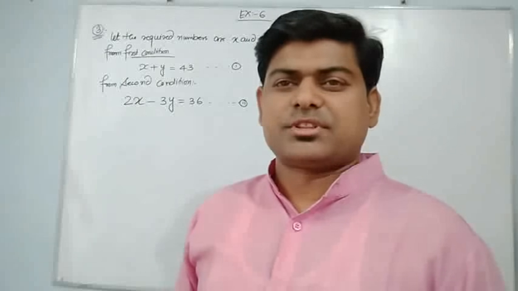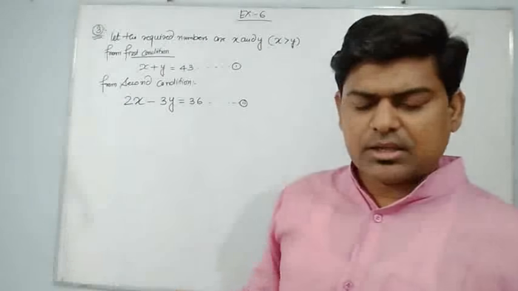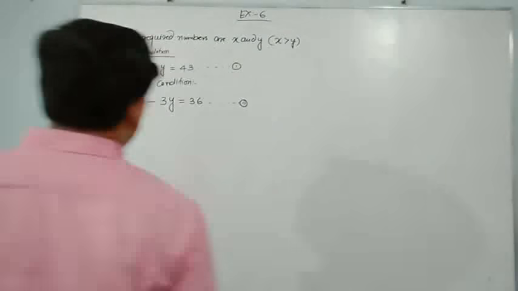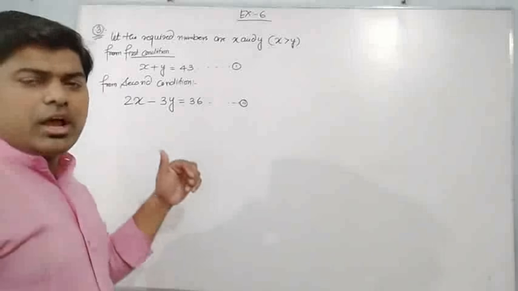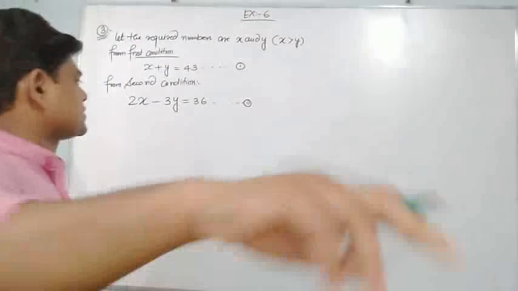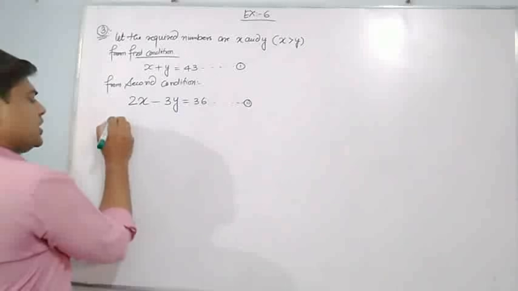One very popular method is the elimination method, and that I am going to use here. In the elimination method, as I told you, we try to equate the coefficient of any one of these two variables. Here the coefficient of y is 3, and here nothing.